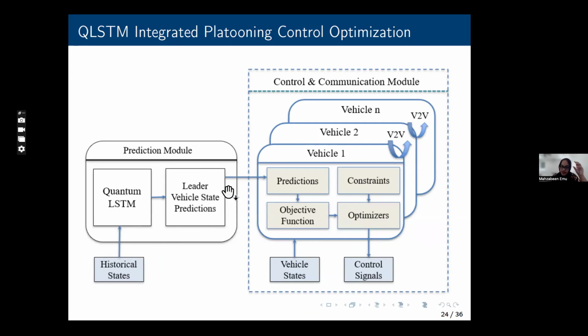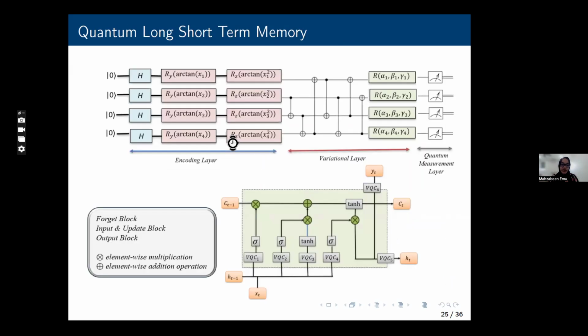Then these predictions are passed down to the second, control and communication module, where we have an objective function and constraints, and the optimizer tries to generate control signals for the vehicle by taking all of this into consideration. These control signals are also passed down to the nearby vehicles through V2V communication to optimize their control strategy as well. Okay, so the quantum long short-term memory has three parts.